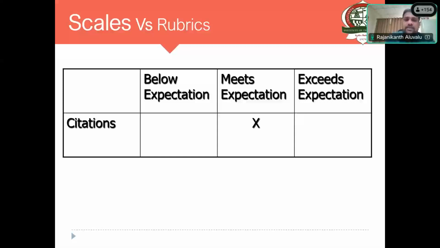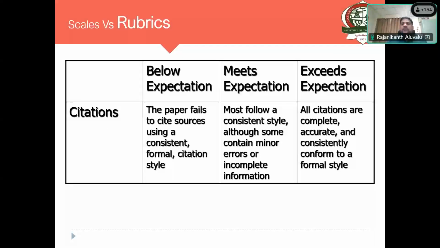Whereas when we talk about a rubric, it will have a definition. Not just a simple goal, not just a simple parameter, it will have the definition of that particular parameter. That is what the rubric is. The same scaling is now converted into a rubric, where it says below expectation, meets expectation, and exceeds expectation.